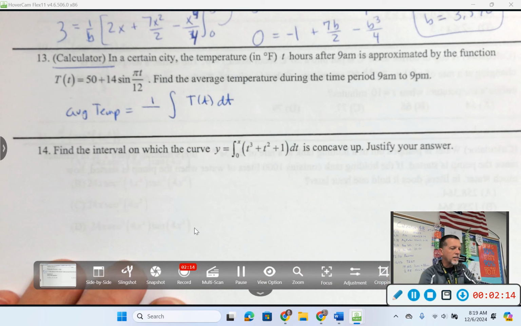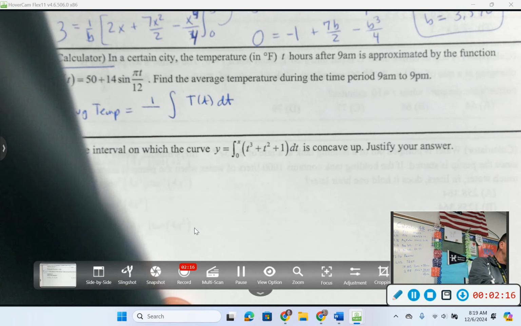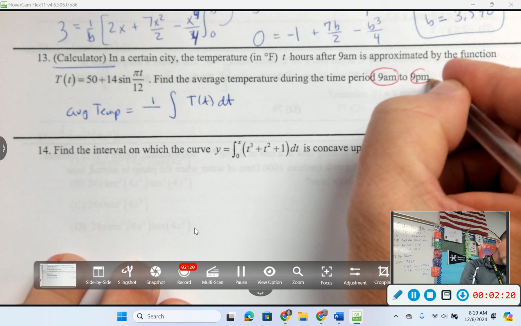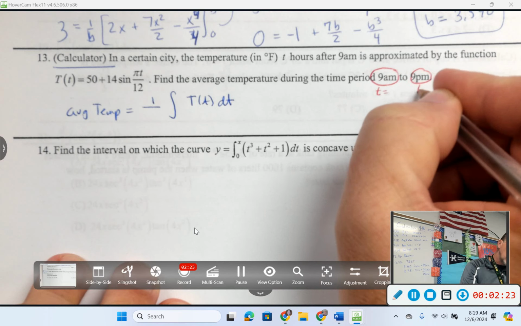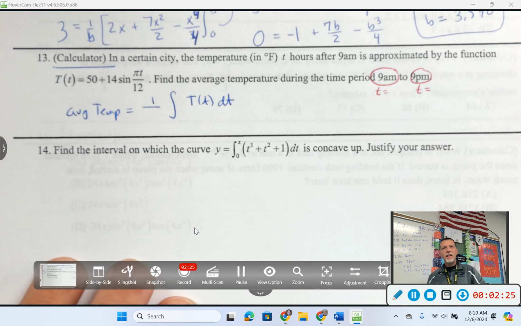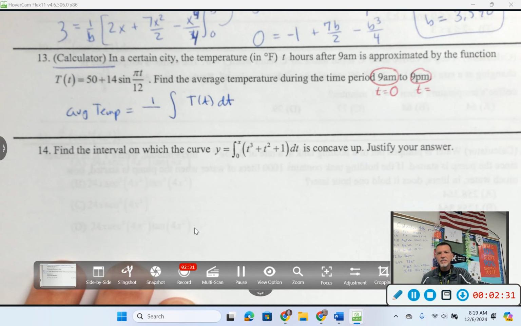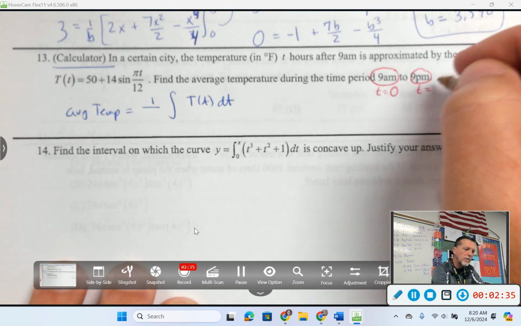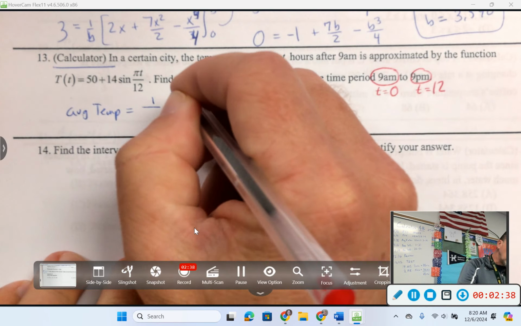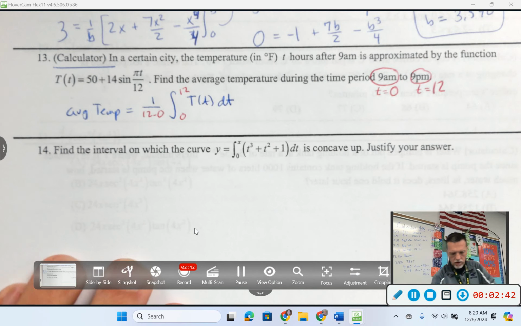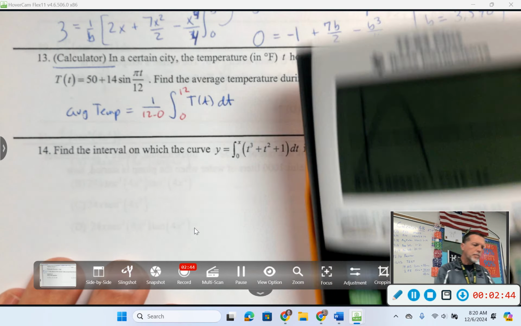If I go from 9 a.m. to 9 p.m., what T values does that correspond to? That's the trick to this problem. 0 is when we start, and 9 p.m. is how many hours later? 12 hours later. So 0 to 12, and then 12 minus 0, and now it's a calculator problem.